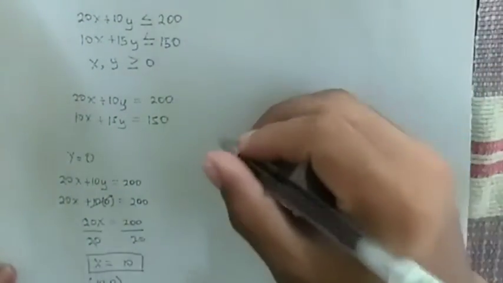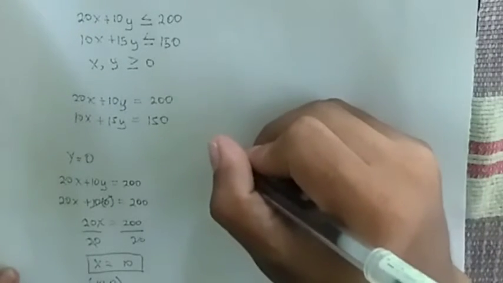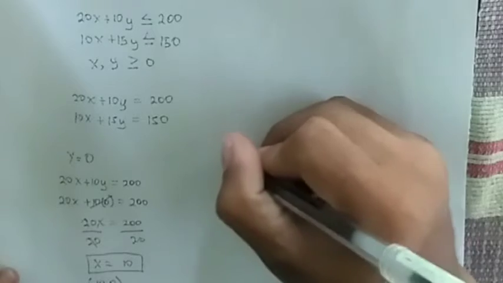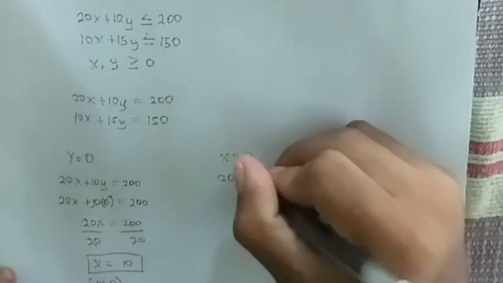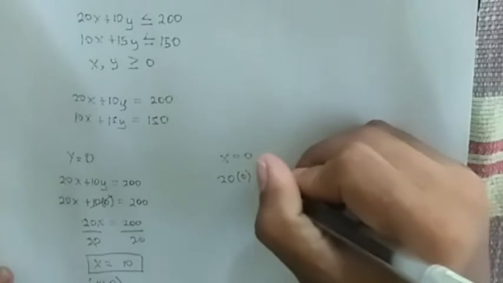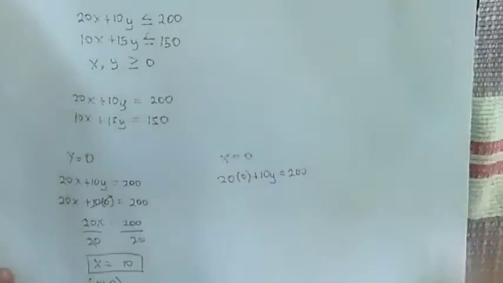Next, we'll get the y by setting x equal to 0. So 20 times 0 plus 10y is equal to 200.